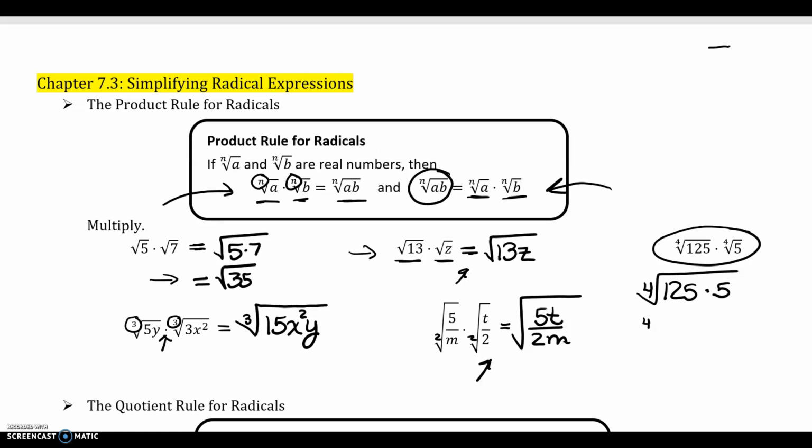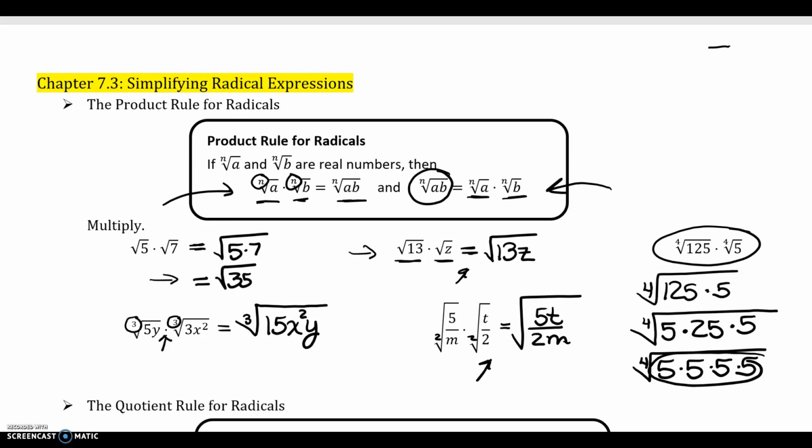Let's go ahead and factor 125. I know 125 is 5 times 25, and I still can't forget this 5 over here. And then I know that 25 is 5 times 5. And now I know I can actually simplify this. I have a group of four 5s, and so when I simplify this, I get the answer of 5.